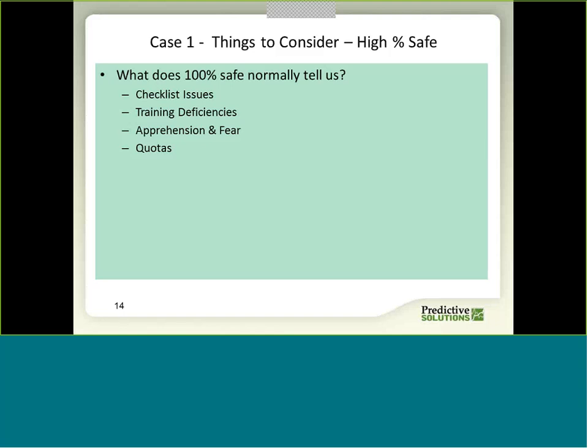So if I say a project is 100% safe on Safety Net, it just tells me that people are just collecting safe, or maybe people are not looking at things properly, right? And the quotas, that's what I mentioned before.